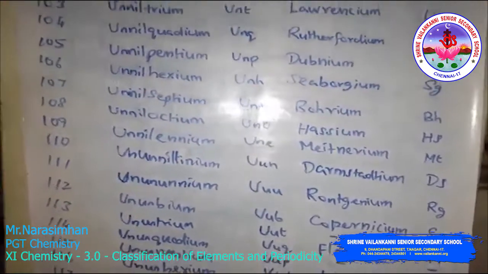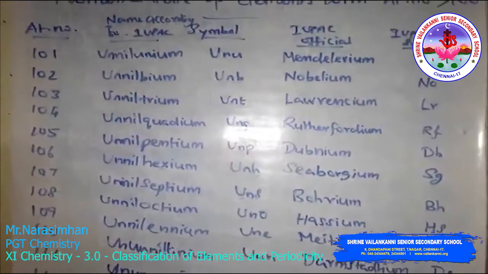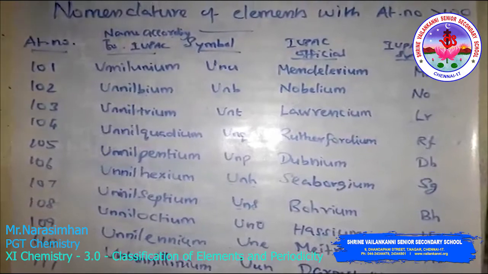So these are the nomenclatures of elements with the atomic number above 100.